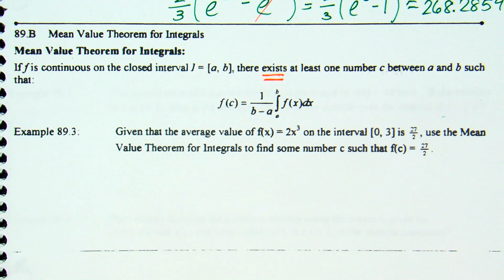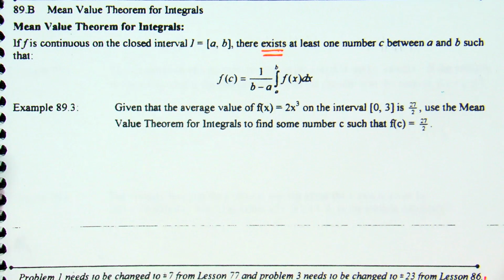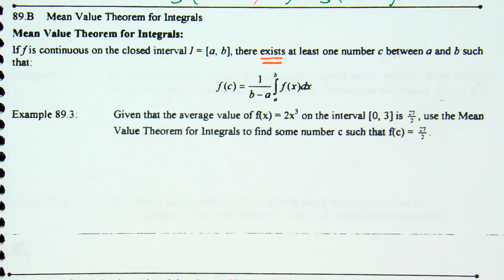That's the best way I can explain it in non-calculus terms. So like in our first one, where the average value is -9, there is some value in the interval from -1 to 2 that, when I plug it into the function, equals -9. And that's what this is saying.